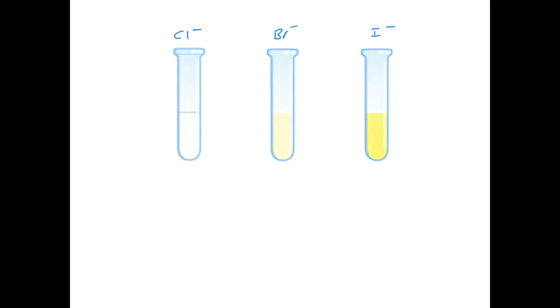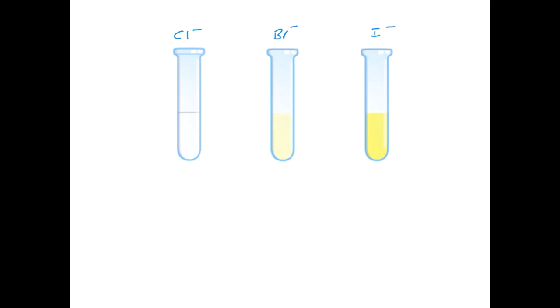The solutions are usually colourless if they are solutions of group 1 compounds. If they're coloured solutions of chlorides, bromides and iodides, you still get the same results. So if it was say a copper 2 chloride solution, which would be blue in colour to start with, we still get the same result when silver nitrate is added to it.